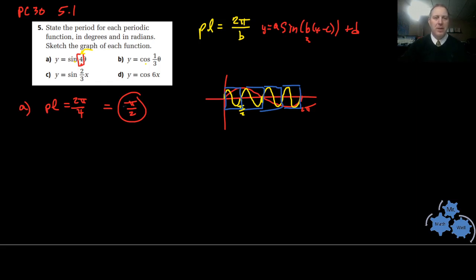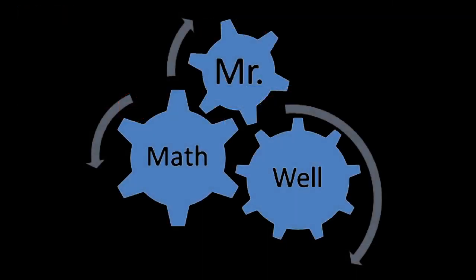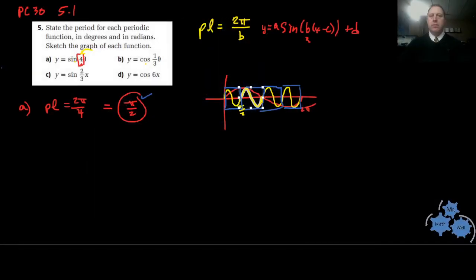Okay? And so there we identified the period length, and we did a graph. And you can just do one period for the graph. All right, so let's do C then as well.